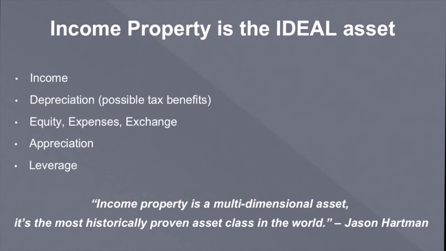So income property is, in my opinion, the most tax-favored asset class in America. It is absolutely beautiful when it comes to taxes. The E stands for either equity, expenses, or exchange. There's a little bit of different opinion about what the E stands for, but let's take all three of them.